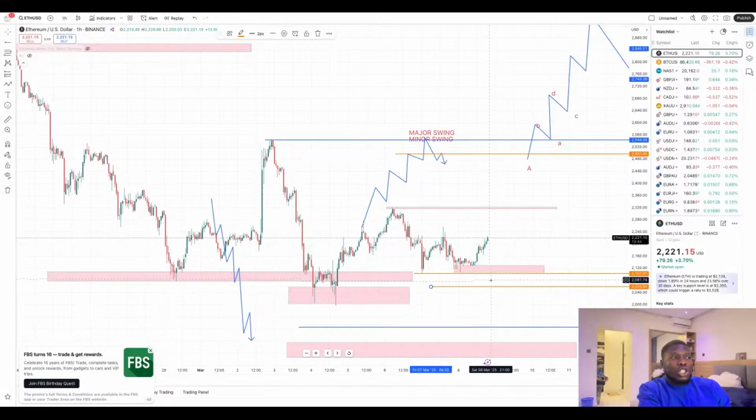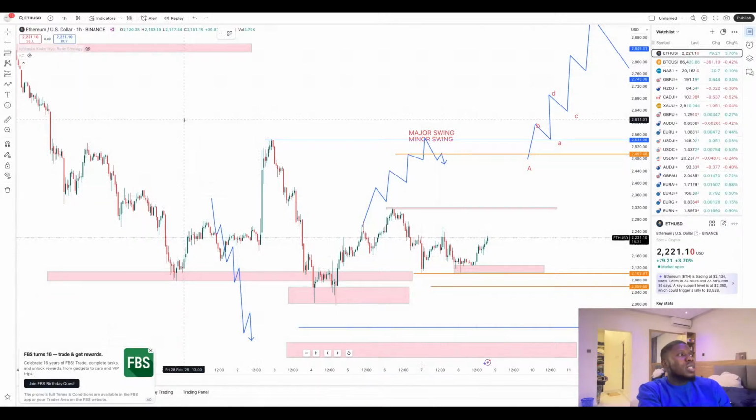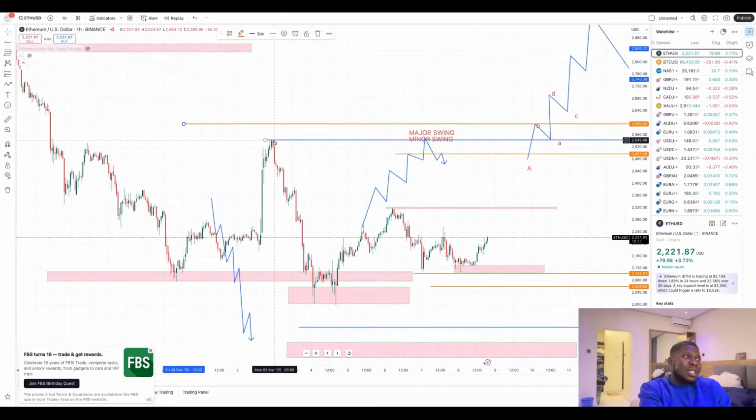For the wick not to touch you, take your stop loss a bit away from the support area where you took the trade. If you took the trade at a resistance, take your stop loss somewhere away. Don't place it at the exact place.